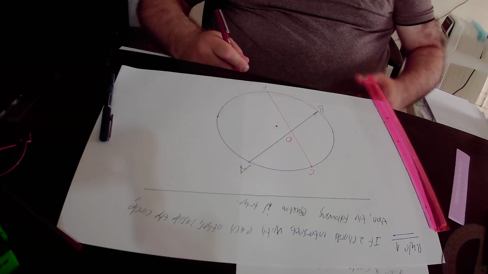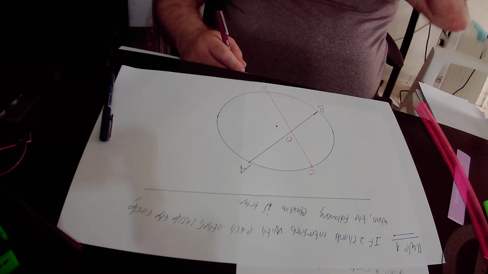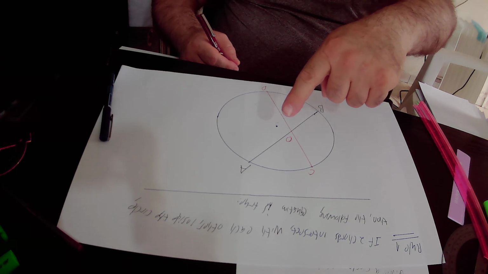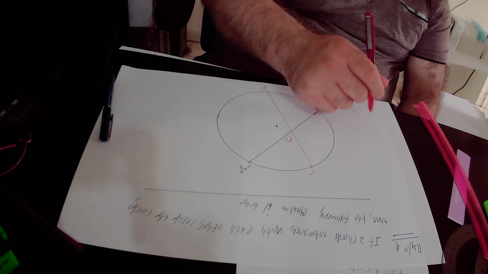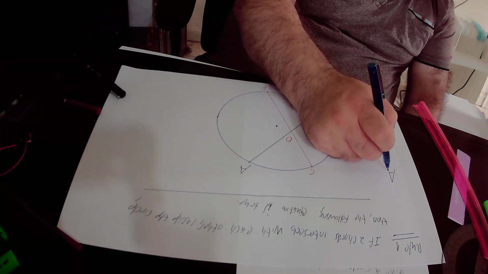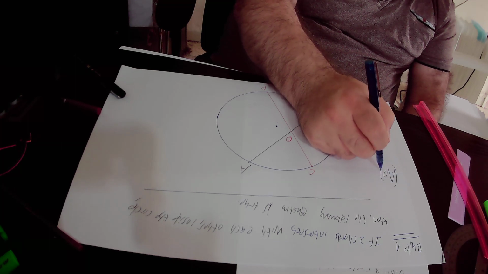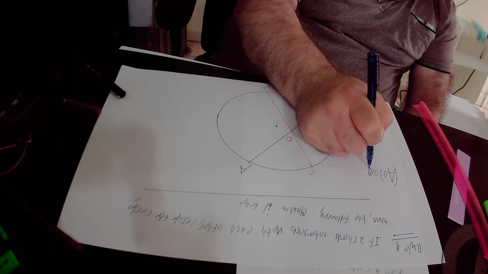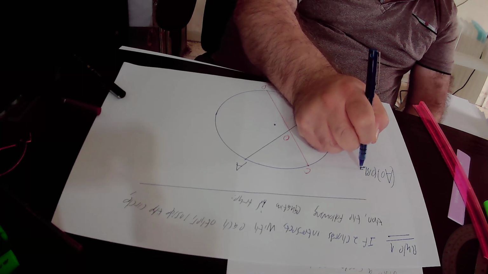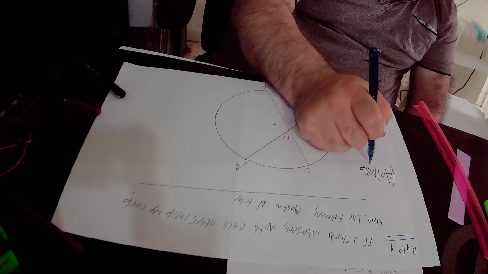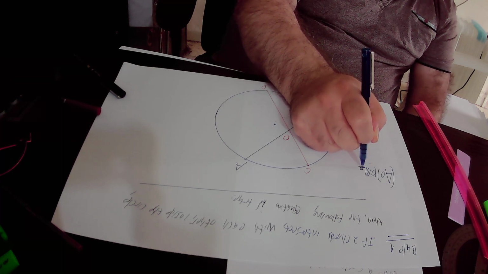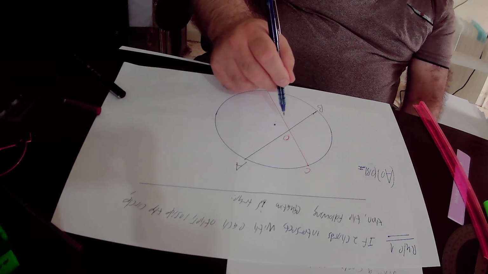So if this is the data that has been given to us, then according to rule number 1, the following equation is true: AO times OB equals CO times OD.